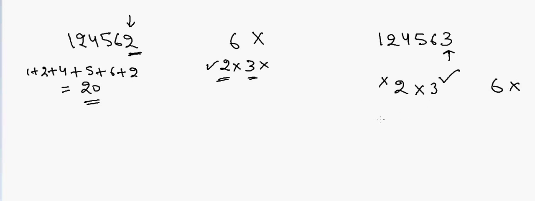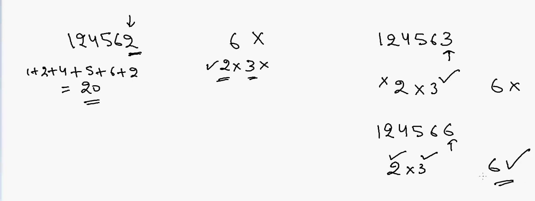Another modification we can make is to add 124566. This is both even, and the sum is still divisible by 3. So it passes the test for both 2 and 3, and therefore it should be divisible by 6. That's how we do the test for divisibility by 6.